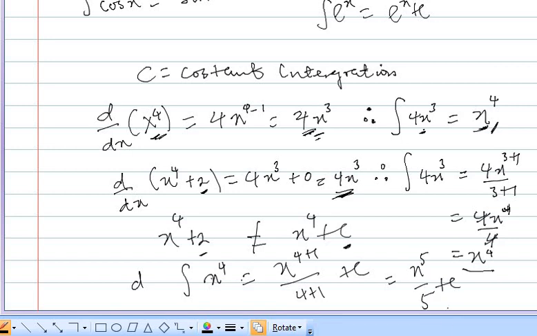So c is a constant and it must be included. If you haven't included c in your equation, the equation is not complete.